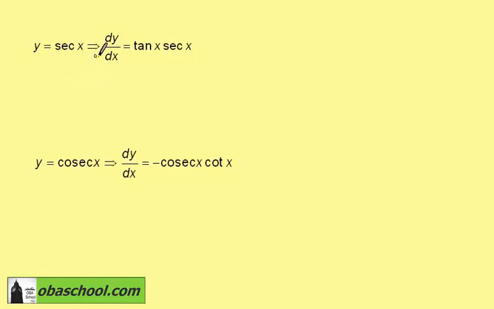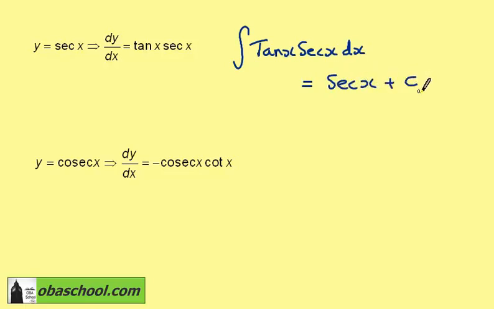If we have y equals sec x, it differentiates to give tan x sec x. It therefore follows that if we integrate tan x sec x with respect to x, we'll get sec x plus a constant. And if we have y equals cosec x, it differentiates to give minus cosec x cot x.